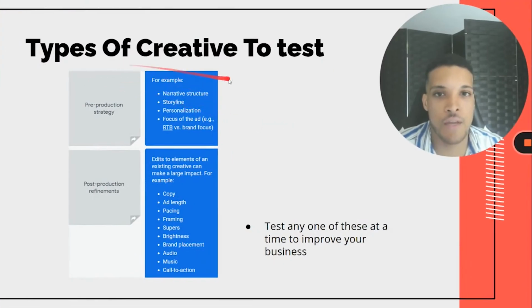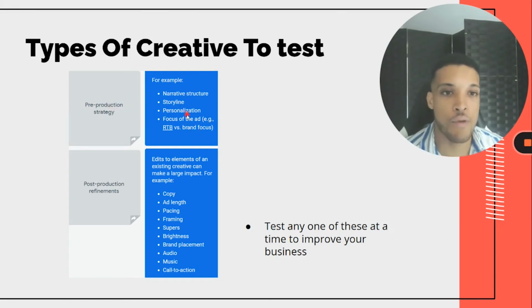And so there are different types of creative tests you can run. It can be pre-production, so essentially thinking of a different structure you want to tell your story, a different emerging story hook, different peaks and valleys, a different call to action, and how you want to focus on the brand, personalization, or the actual storyline.